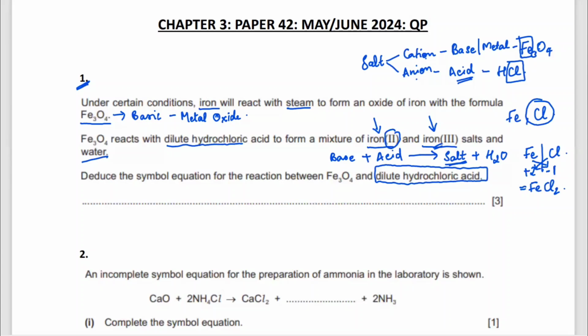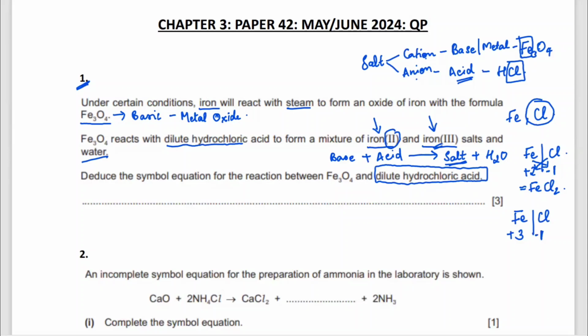And if you take iron 3, the formula is going to differ. Iron has an oxidation state of 3 over here because it is clearly given in the question that it is the iron 3 salt. And chlorine, since it belongs to group 7, will always have an oxidation state of -1. Iron is a transition metal, and that is why it is showing different oxidation states.